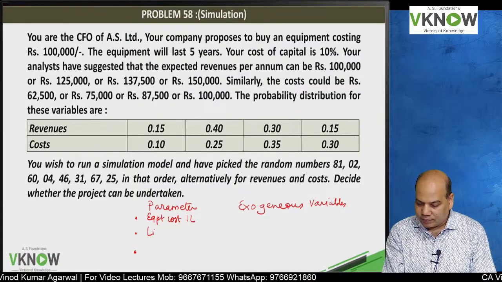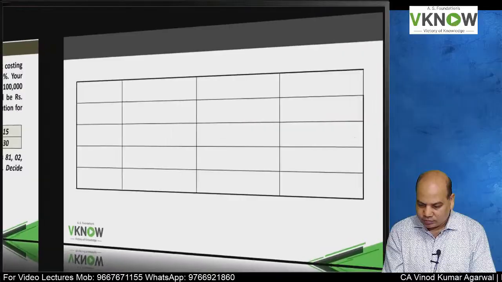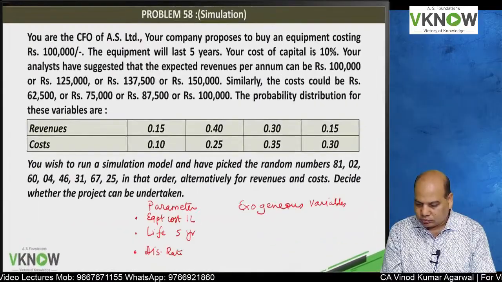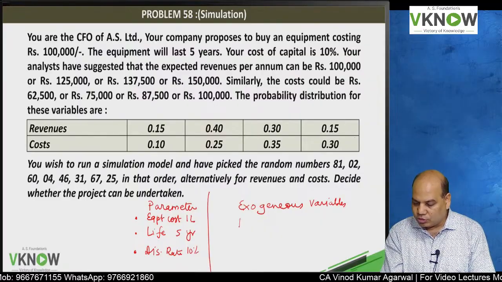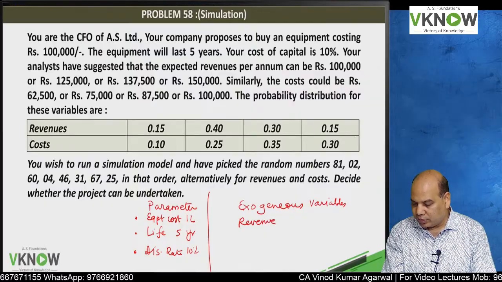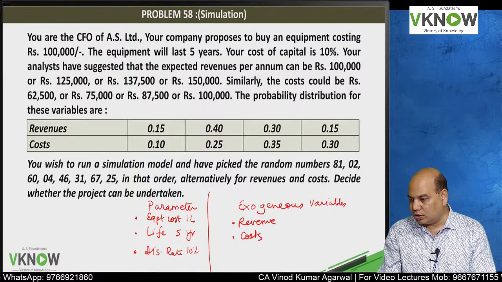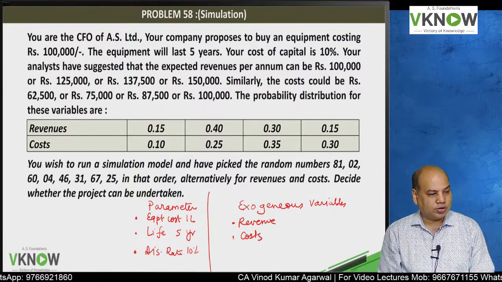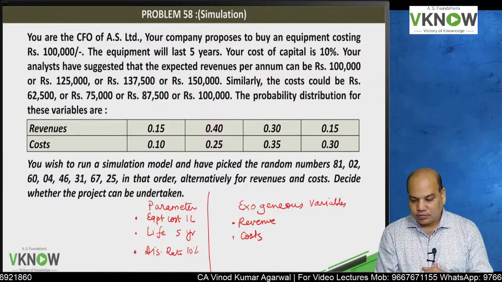Next is life, 5 years. Discount rate, where is the discount rate? Discount rate 10%. So this I am not going to change. What I am going to change? Revenue and cost. These are going to change. You can write in your notebook if you want.